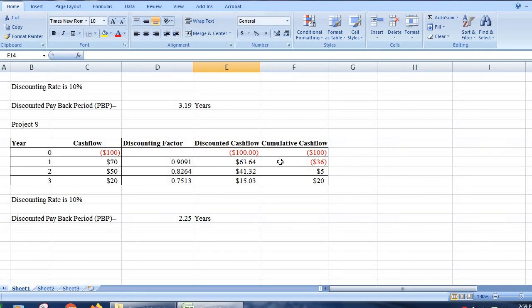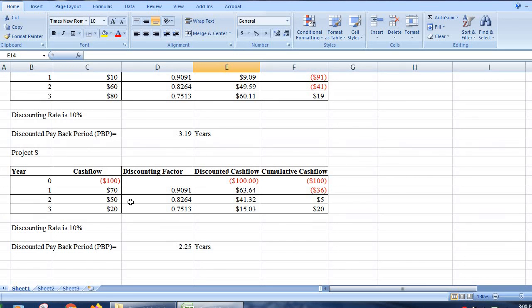Other years are calculated automatically. The discounted payback period equals 1 plus 0.7513 divided by 15.03, which gives a discounted payback period of 2.25 years.